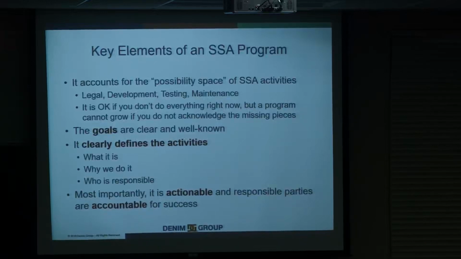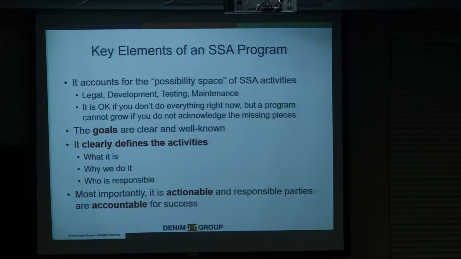It accounts for the possible space of SSA activities. We want our program to put in front of us all the things we could be doing and how mature those things could be. And it's not just in development, it's also in legal, testing, maintenance, ops. It's okay if you don't do everything right now, but a program cannot grow if you don't acknowledge what you're doing and what you aren't doing but could be doing.